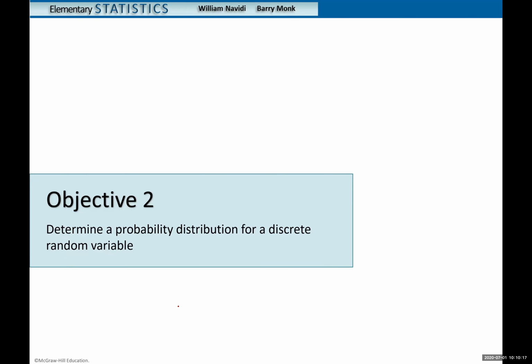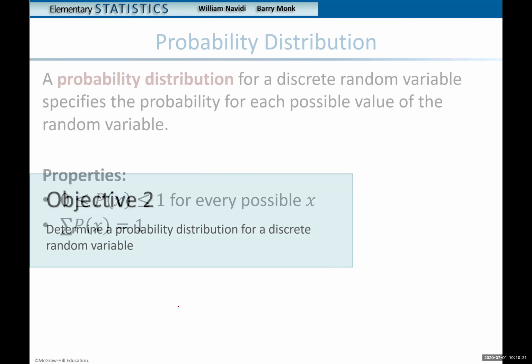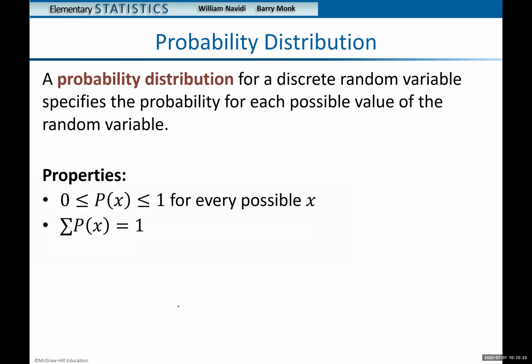The next is determine a probability distribution for a discrete random variable. And if you want to copy this, you can copy it now. So a probability distribution for a discrete random variable specifies the probability for each possible value of the random variable. And take note of the two properties here.